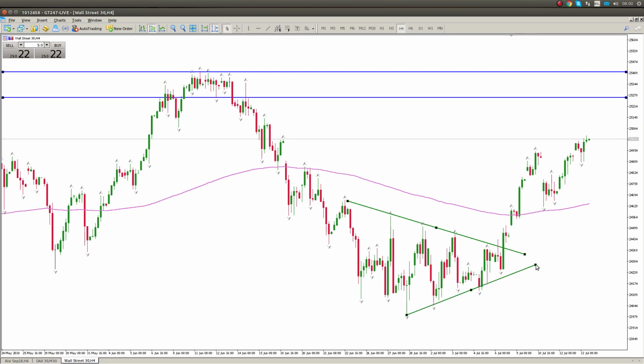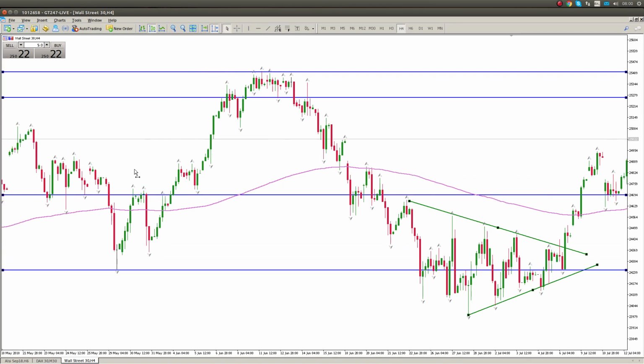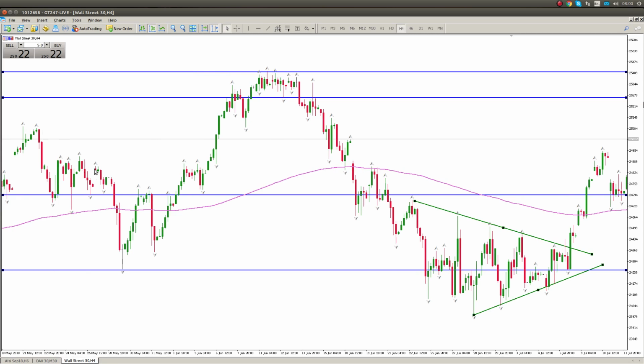This is just the way price behaves. It always behaves in this manner. Sometimes the consolidation lasts a lot less. You can see there's your consolidation at the bottom here. So we had a small trend, consolidation, small trend, consolidation, trend, little consolidation, trend, consolidation, trend, consolidation.